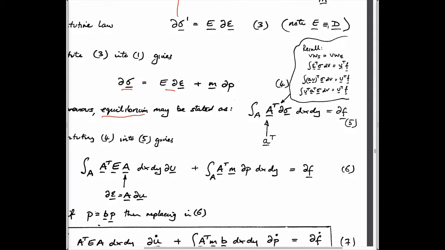These are defined at nodes. These are defined all over the volume, so you have to integrate it. We substitute for the strain relationships, which is epsilon is equal to A u, which is this. And we manipulated everything else.